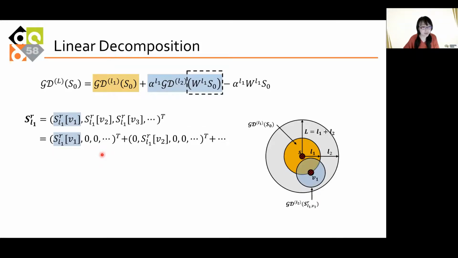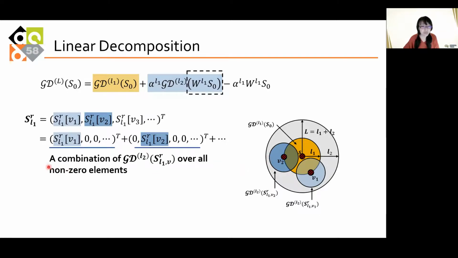For example, for the first vector, this is computing graph diffusion on this subgraph. And for the second vector, this is computing graph diffusion on this subgraph. So in this case, we can regard the graph diffusion of the second stage as a combination of graph diffusions over all non-zero elements. But in this case, it requires a much smaller graph size.